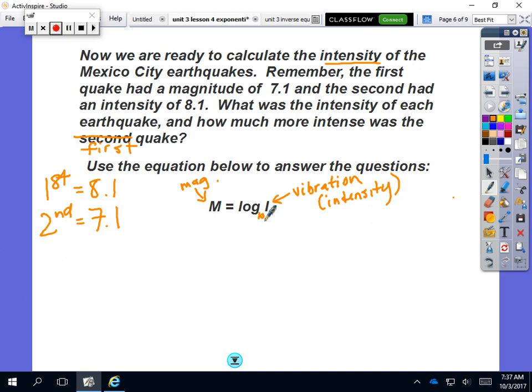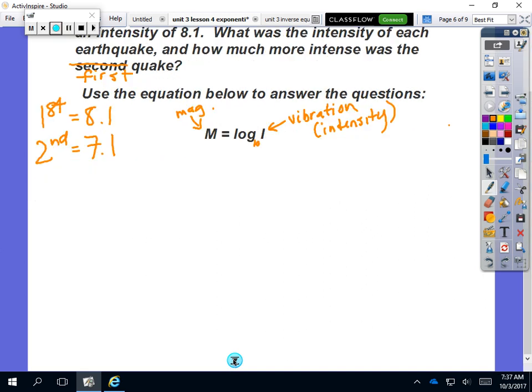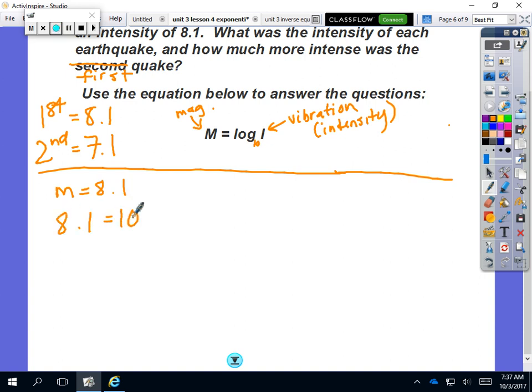So I know that I could switch this to exponential form if I plug in m. So for the first quake, m equals 8.1. So if I plug that in, and I'm going to put the 10 in just to make it easier to see what to do here, I could get the I by itself by just switching this to exponential form. So I could write 10 to the 8.1 equals the intensity.